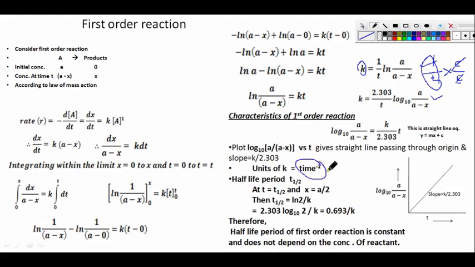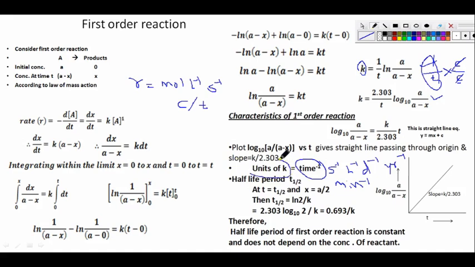So the unit of k, that is rate constant or velocity constant or specific reaction rate, for a first order reaction is per second, per hour, per day, per year, per minute, etc. And remember that the unit of rate of reaction is always mole per liter per second, or we can say concentration per time.